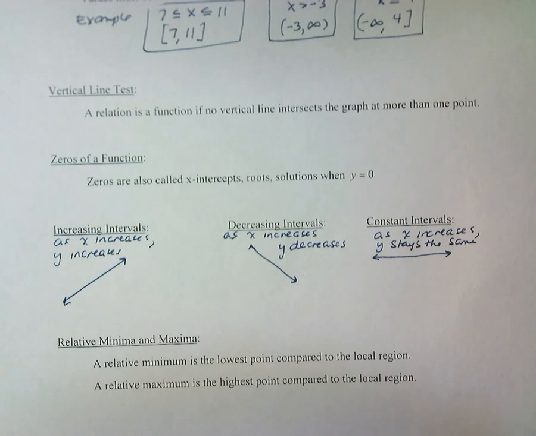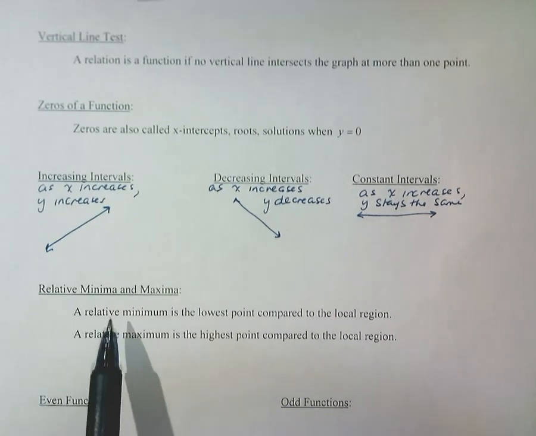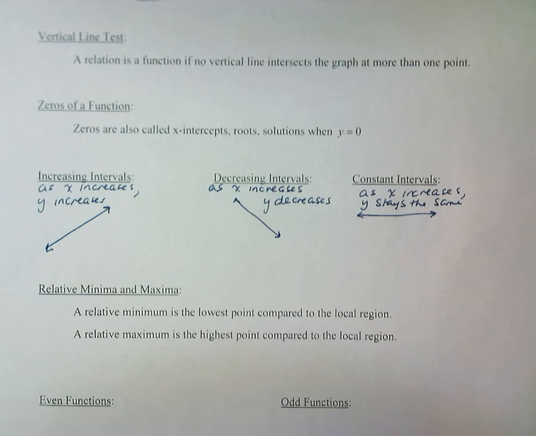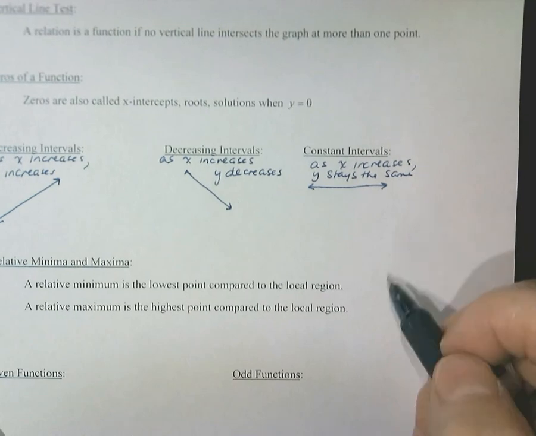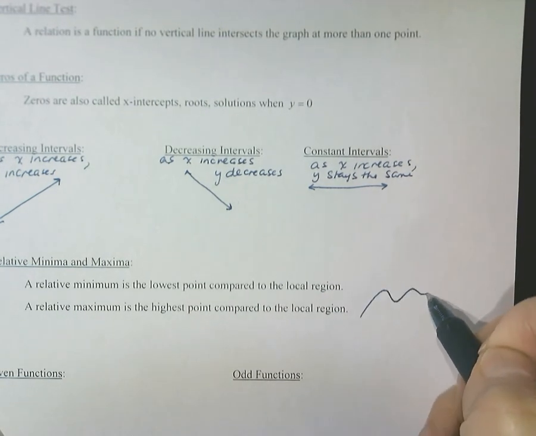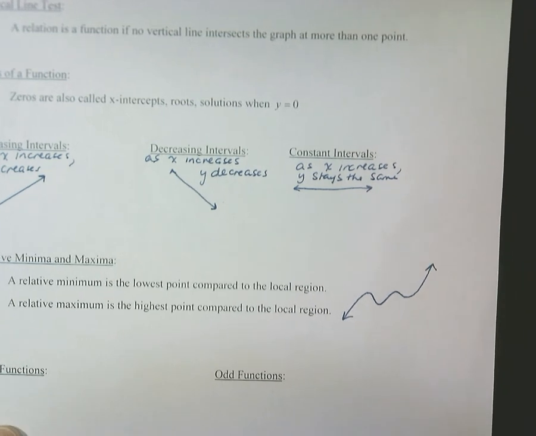Then we also talk about relative minima and maxima. A minima is plural, same with maxima. A minimum is going to be the lowest point. So if you have a graph that looks like this, it's a polynomial of some sort.